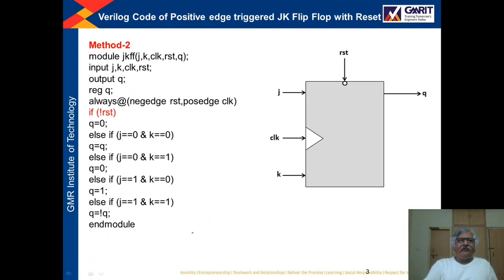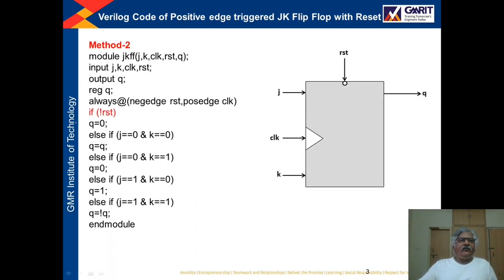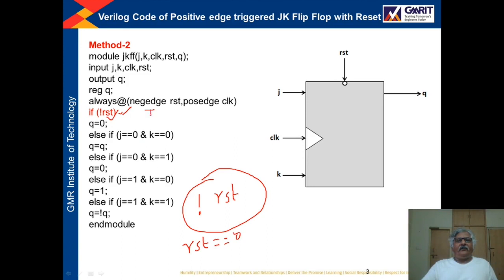So this is the second method. Already we discussed it in the last lecture also. Here you see we are testing the condition RST is equal to 0. In place of RST is equal to 0, what we can do? We can write this also here, the negate operator and RST, right? So this means when the RST is 0, then this will evaluate true.